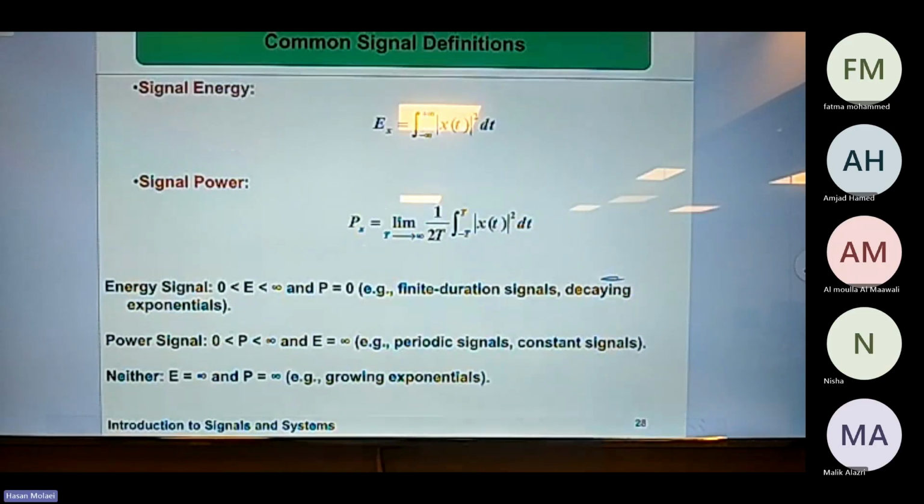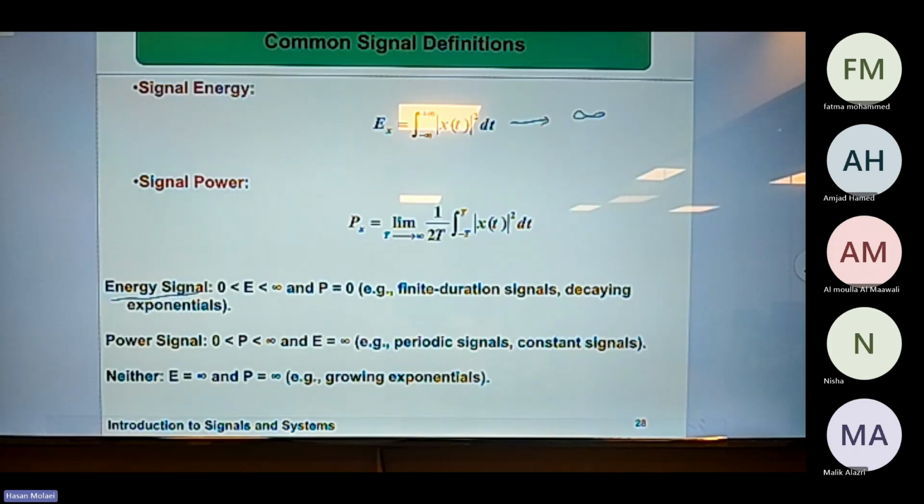Okay, the energy of the signal: we should find its square and integrate from minus infinity to plus infinity. If we divide it by T, when T approaches infinity, if this value is a constant, a real value, we call it an energy signal.